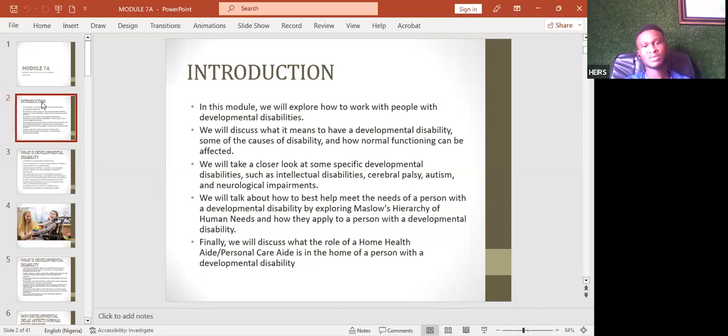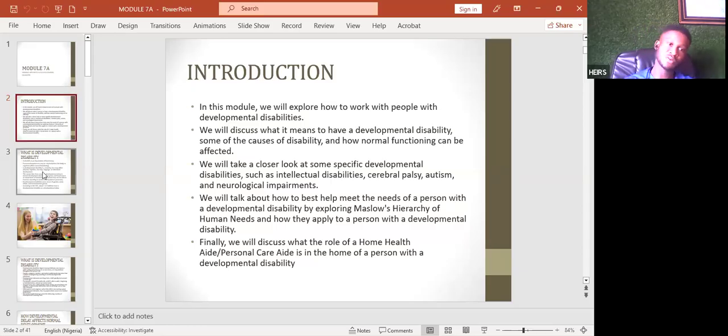Then we'll talk about how to best help meet the needs of a person with developmental disability by exploring Maslow's hierarchy of human needs and how they apply to a person with a developmental disability. And finally, we'll discuss what the role of a home health aide or a personal care aide is in the home of a person with a developmental disability.